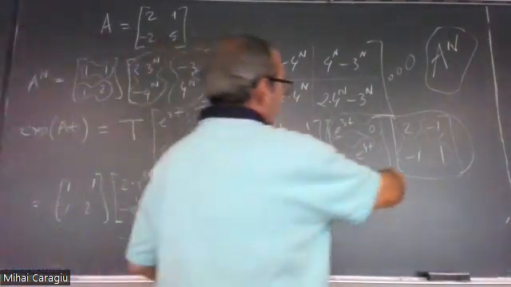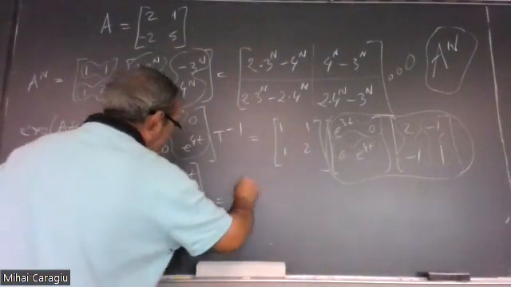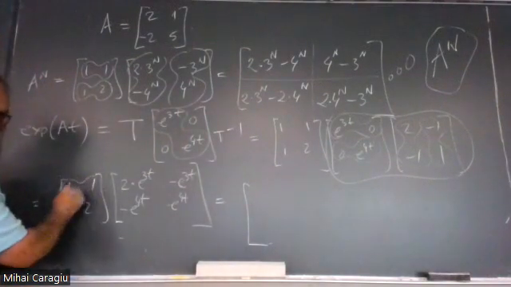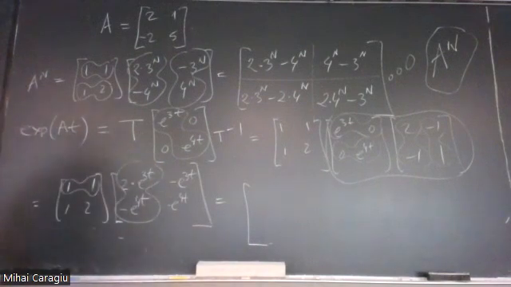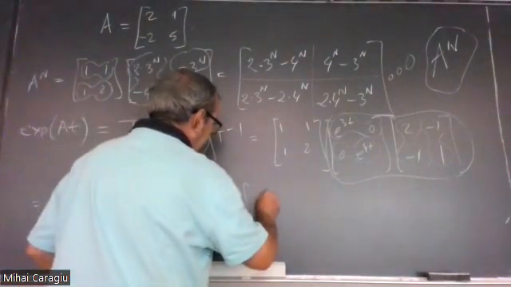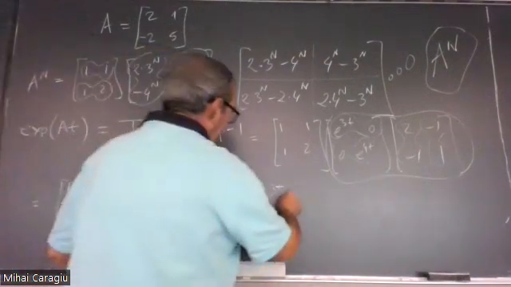Second here: e to the power 4t. Equals. Now, first. We get 2 times e to the power 3t minus e to the power 4t.